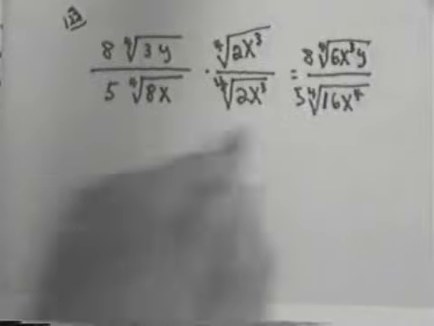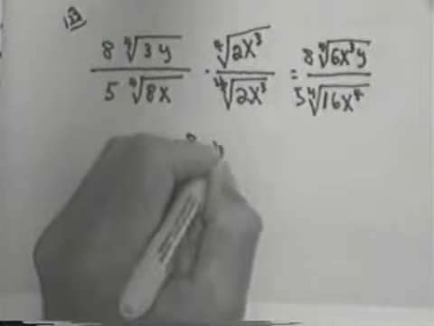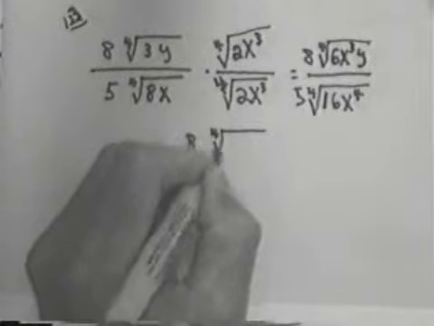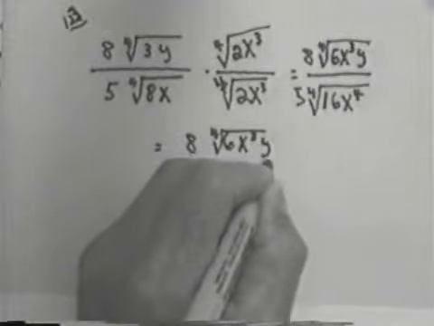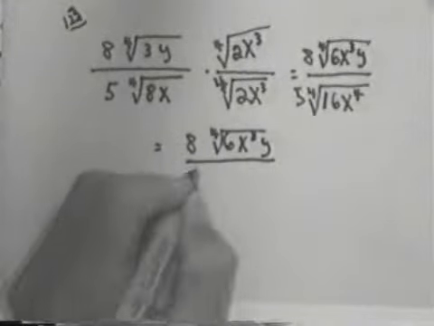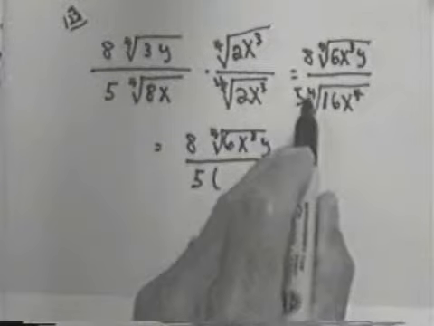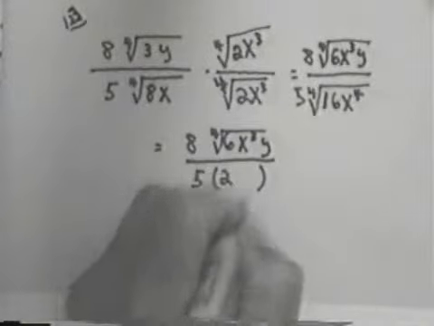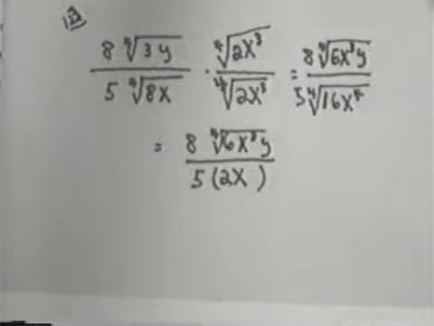Now I take the root of the denominator, so it's going to be 8 times the 4th root of 6x cubed y divided by 5 times, okay, taking the root now, the 4th root of 16 is 2, the 4th root of x to the 4th is x.